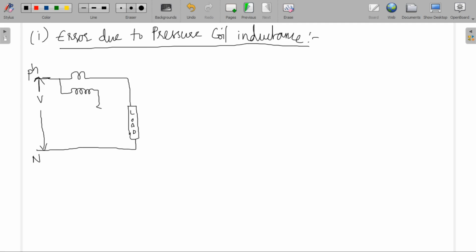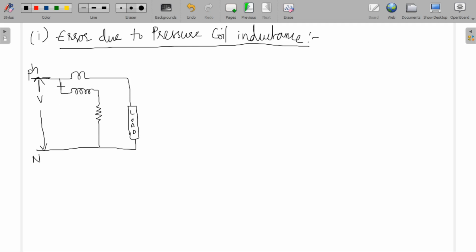And you are going to have resistance in series with this pressure coil to limit the current which is flowing through this pressure coil. Now the combination of pressure coil and resistance which is connected in series with the pressure coil is called pressure coil circuit.